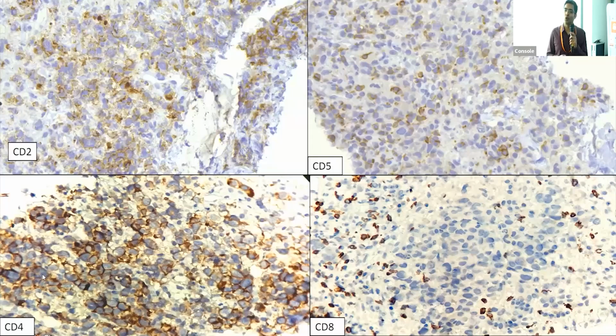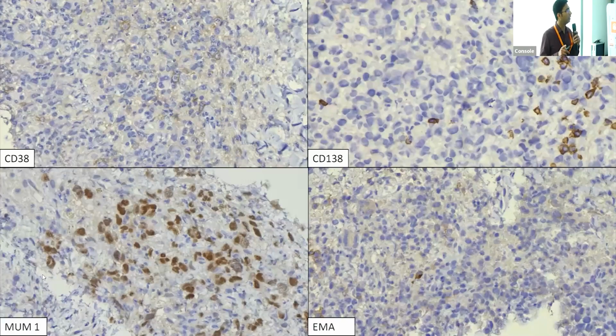CD30 was strong and diffuse positive, which is unlike plasmablastic lymphoma. So plasmablastic lymphoma may show CD30 positivity, but it will never be diffuse and very strong. So I made the diagnosis of ALK negative ALCL. The clinical aspects and the morphological and immunohistochemical features were going towards plasmablastic lymphoma, but based on IHC, it turned out to be ALK negative ALCL.